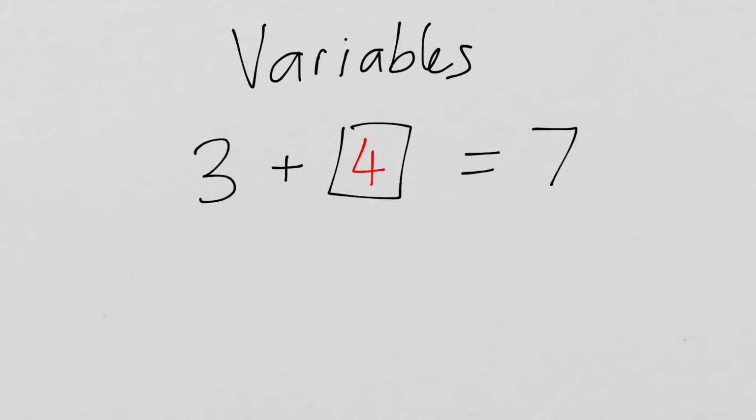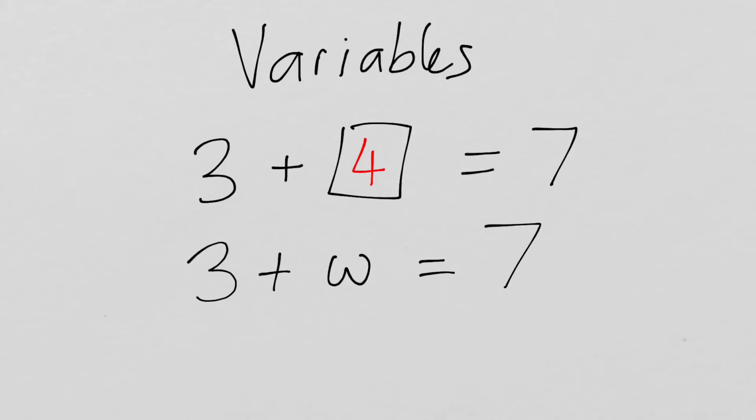Well, there is a way to write that without putting a box or a blank. And that way is by giving it a letter instead. So I could say 3 plus, let's say, W equals 7. That doesn't mean that I have to somehow try to add that W to a 3. It just means that that W represents an unknown number, a number we don't know.